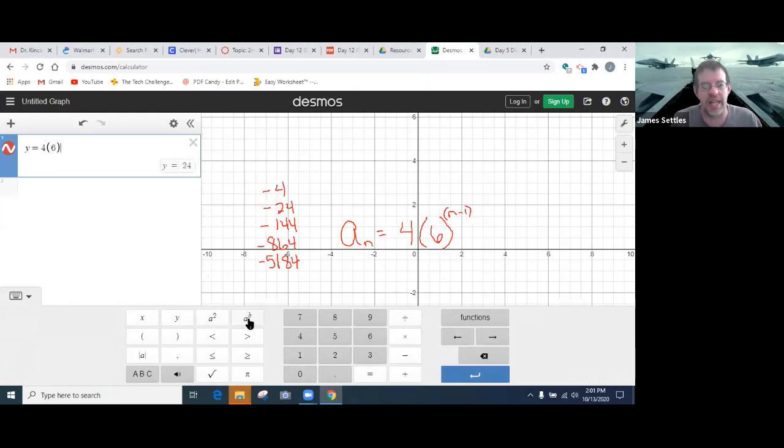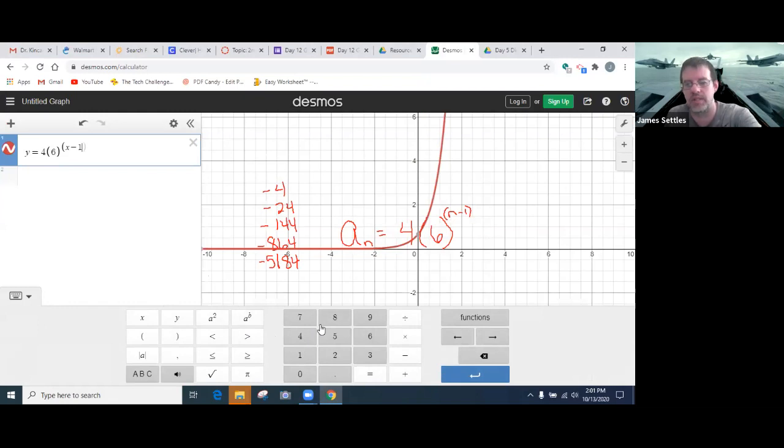You click this A-B button right here, and then make sure you put parentheses, and then put x minus 1. Close parentheses. Does that make sense?